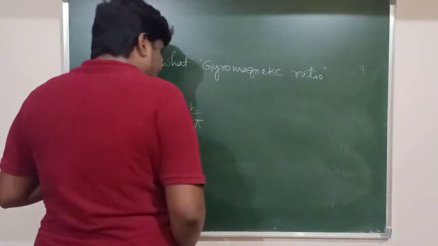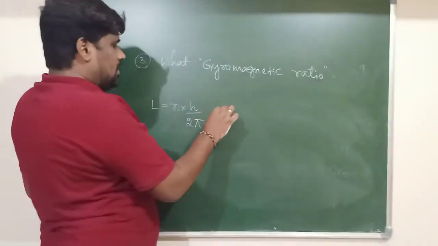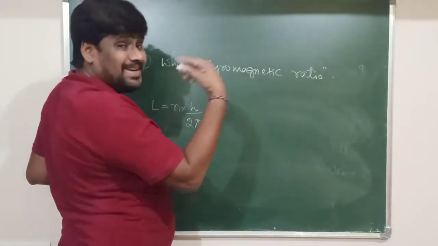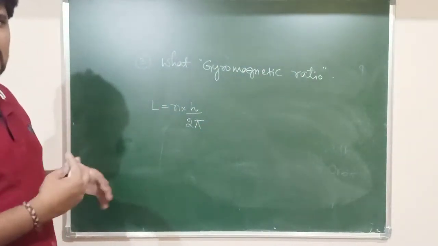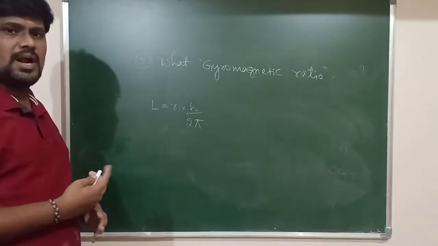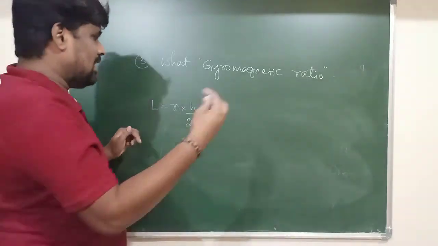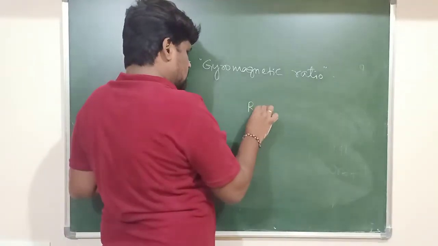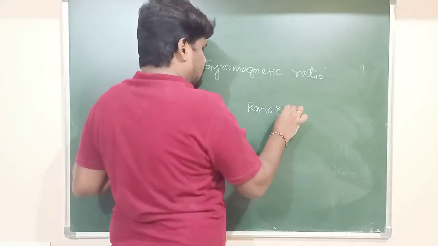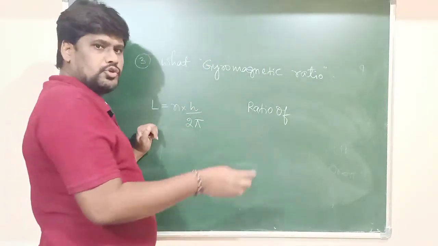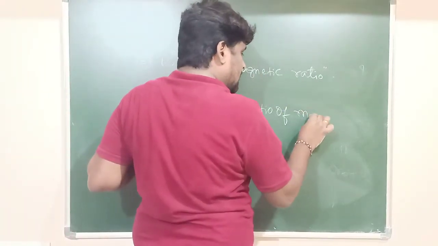And the electron can also have the property called what? Magnetic moment. The electron can also have the property called magnetic moment when it is revolving around the nucleus. Then I will find the ratio. Which ratio?